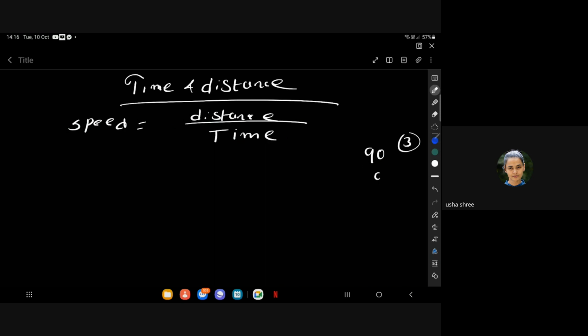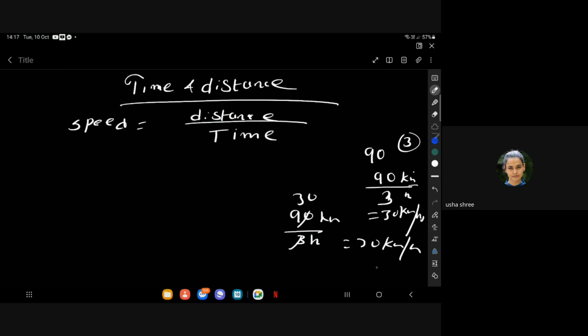It will be distance by time. Time is 3, so 30. This is kilometer, this is hour, so 30 kilometer per hour, because kilometer and hour will not get cancelled. This 3 and 90 will get cancelled, so 30 kilometer per hour. This means in 1 hour you can travel 30 kilometers.